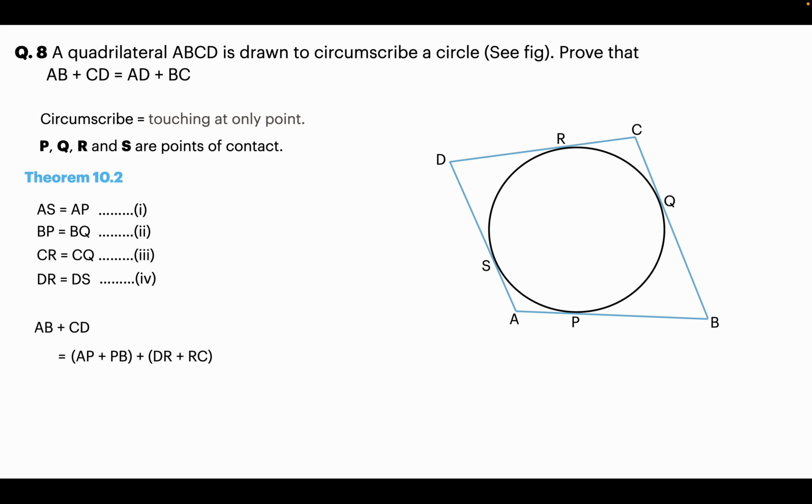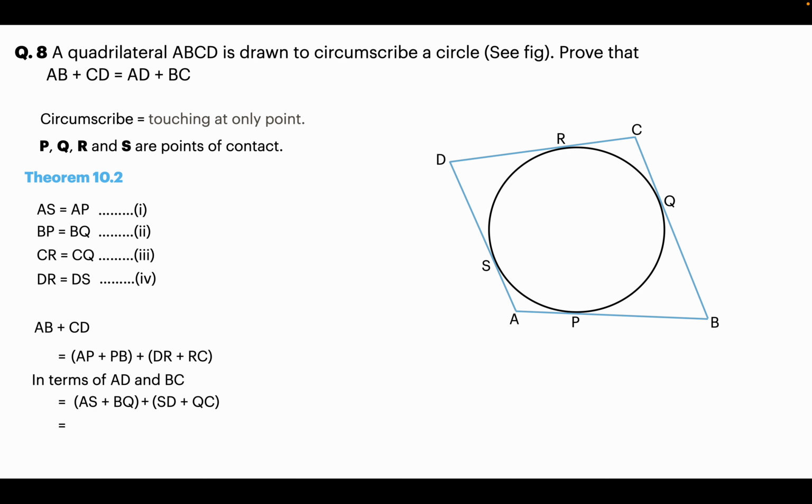So I want to replace these terms, AP, PB, DR and RC, with the terms of the other side. Then I can prove that these are equal to the other side. AP, I know from expression 1, is equal to AS, so it becomes AS plus BQ. BP, from expression number 2, is equal to BQ, plus DR, from expression number 4, is equal to DS, and RC is equal to QC.